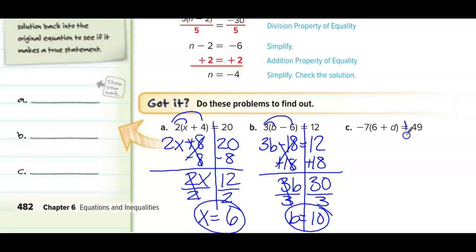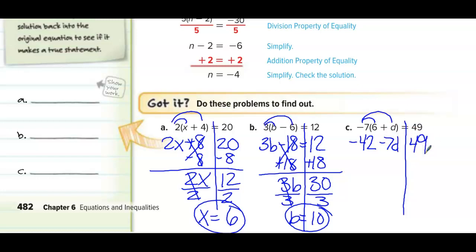All right, and the last one, I have a negative 7, parentheses 6 plus d is equal to 49. So again, I distribute or hand out that negative 7. So negative 7 times 6 is negative 42. Negative 7 times a positive d, which would be a negative 7d, is equal to 49.